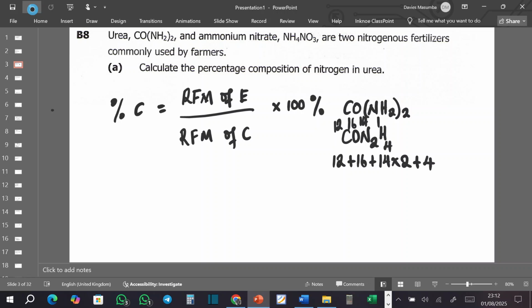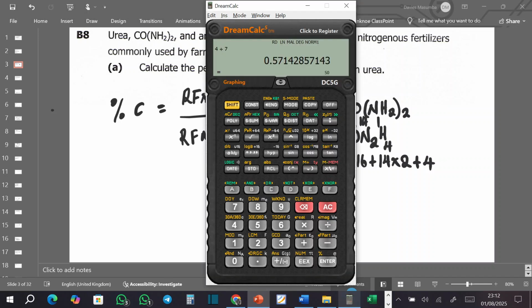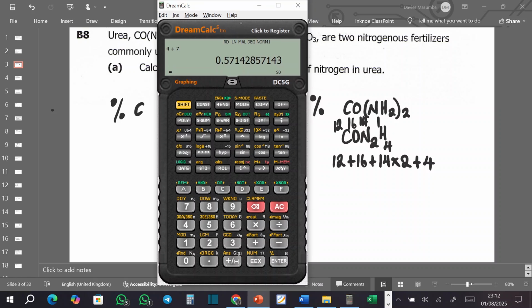So now this will be 28. So let's just add quickly. I'll just add it all together like 12 plus 16, plus 14 times 2, then plus 4. I'm getting 60.